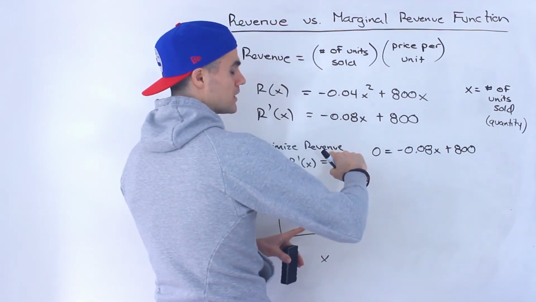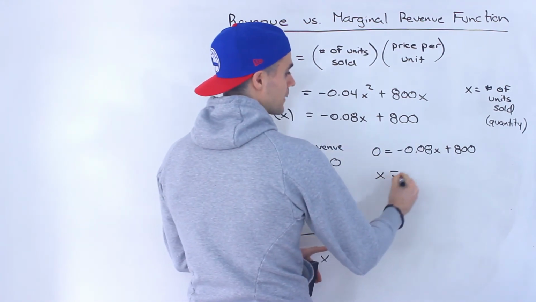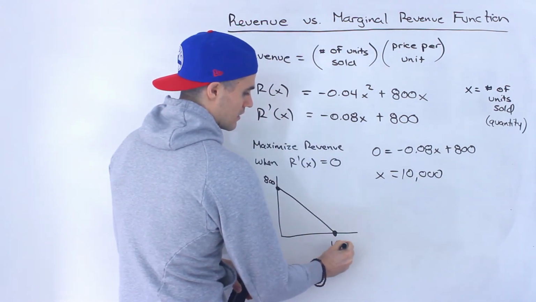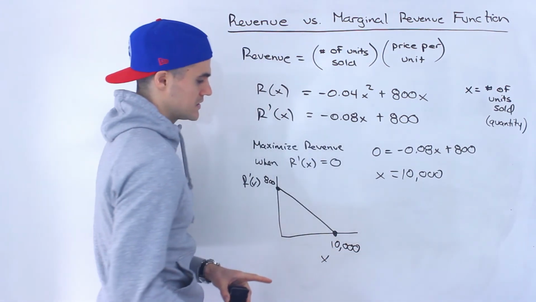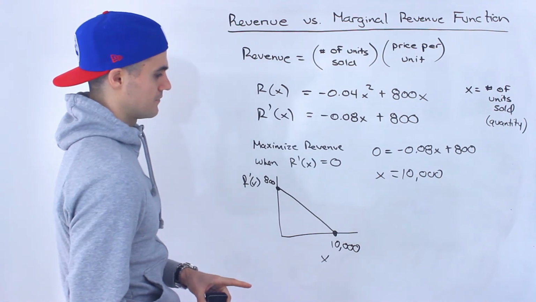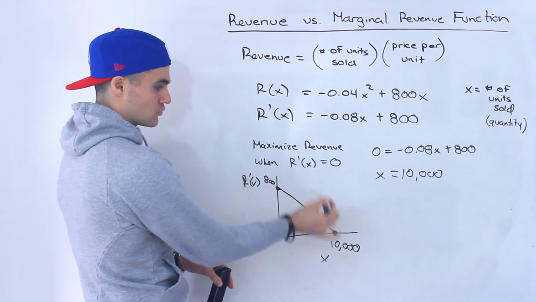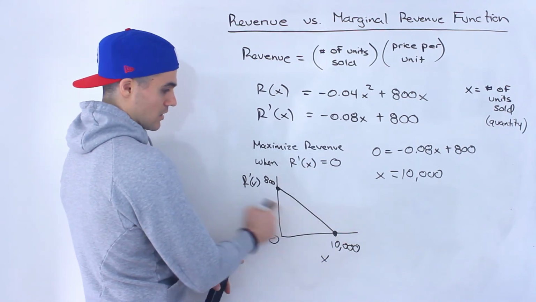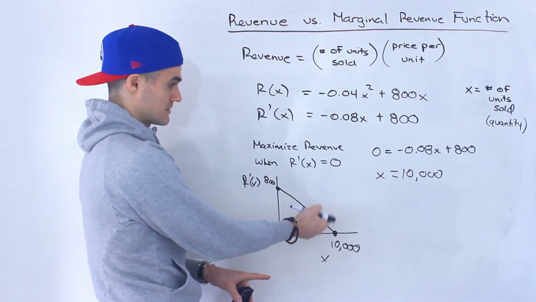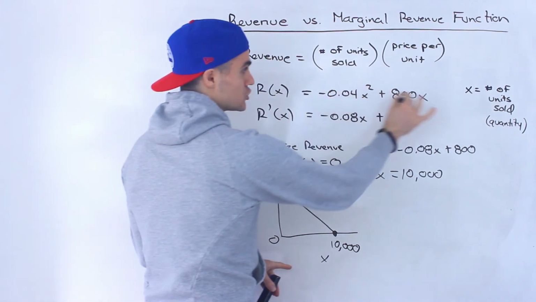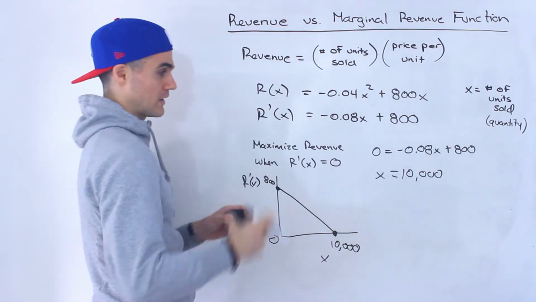And so when we isolate for x, we would end up getting 10,000. So this here would be 10,000, like that. And so what this is telling us is that the marginal revenue is equal to 0 when x is 10,000. And that tells us when the total revenue is maximized.